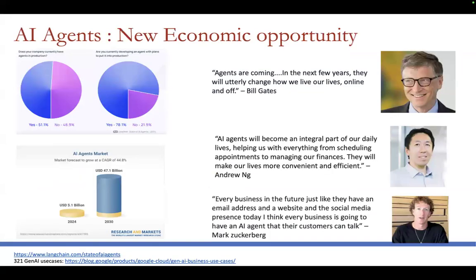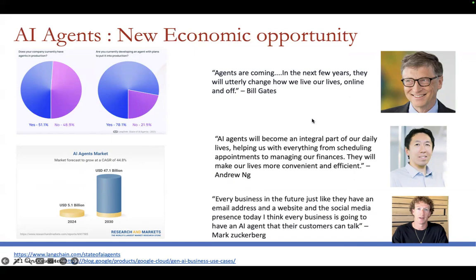And so there is a lot of excitement on the AI agent part. Surveys show that three-fourths of companies are starting on AI agents, and there is a lot of demand for AI agents. Here are some quotes from prominent people.